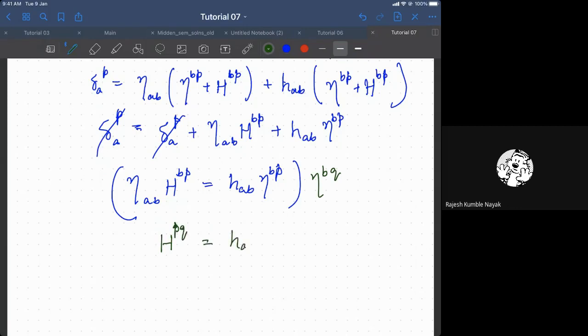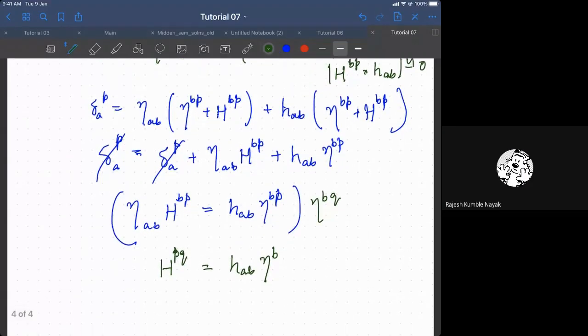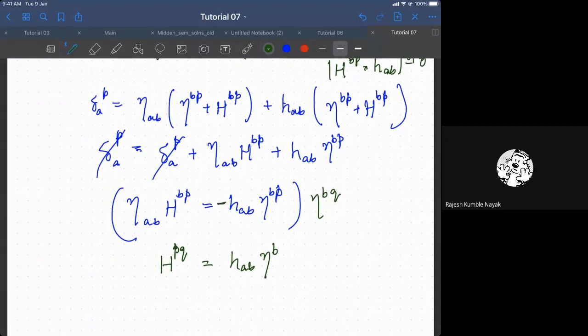Now h_AB eta^B, oh, did I mess up some index? There will be a minus sign. Yeah, there is a minus sign here. Other than that, there is a mismatch. Somewhere an index is messed up. A, B, B, P. There is a BQ.